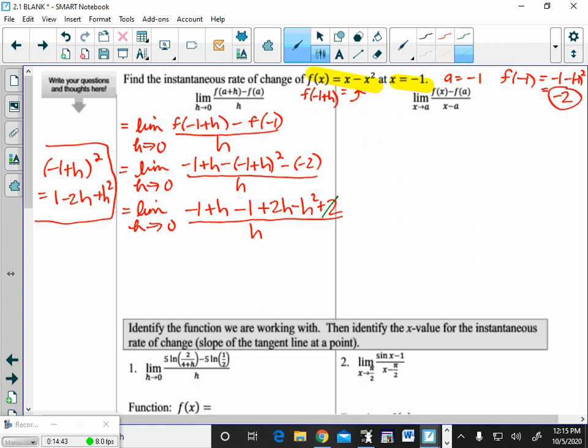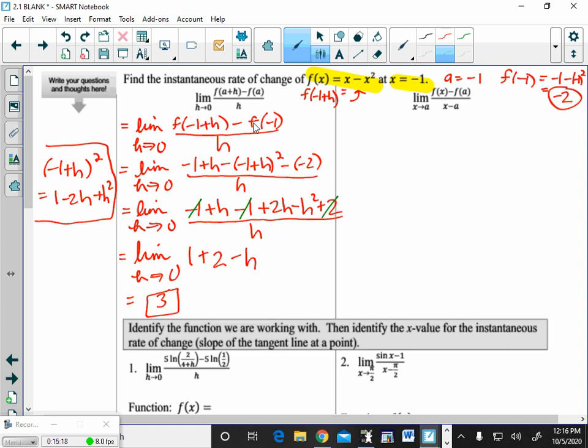A +2 and -2. They're gone. So what we can do at this point is we can remove an h, divide every term. Do not do all this crossing out and writing on your work. You can now take an h out of every term remaining. So h over h is 1, plus 2 over h, so it'd be a plus 2, minus h squared over h, which is h. Now let h approach 0, plug it in, and our limit is 3.